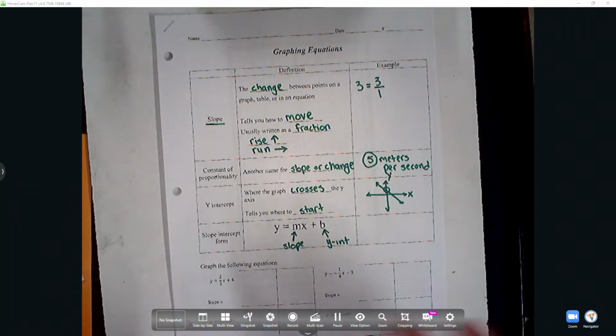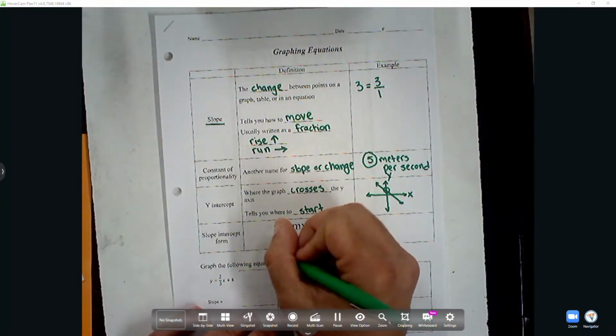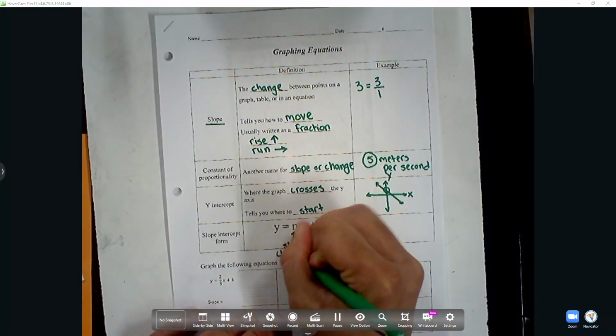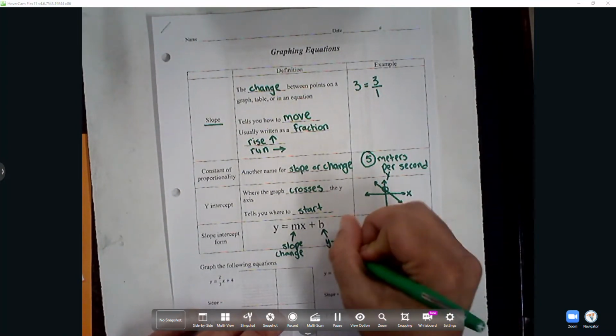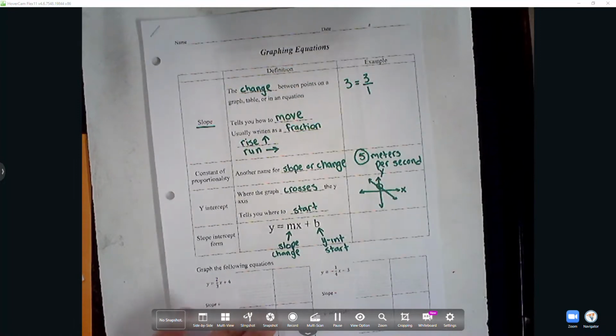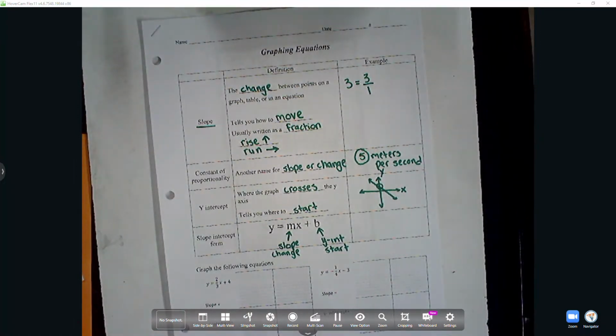So it tells us right in the equation what's the slope and the y-intercept. You don't have to find them, you just find them in the equation. The slope we've been calling the change, so if that helps you, you can label it change. The y-intercept we've been calling the start, so if that helps you, you can label it start.